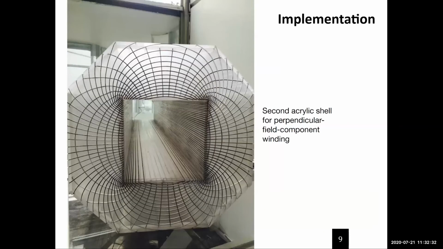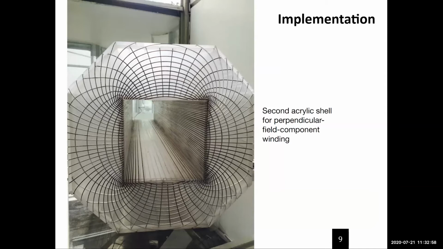And then I mentioned we need two components of magnetic field, that are superposed in the same spatial region, but we need two perpendicular components. So to obtain that, what we did was to add a second layer of acrylic to build something like shells of coils.